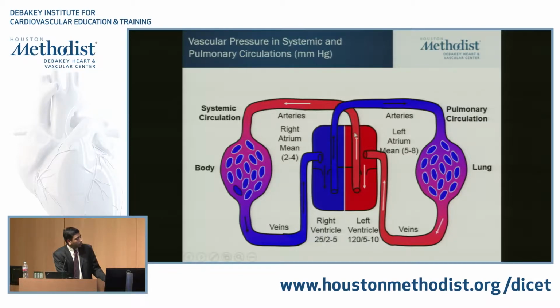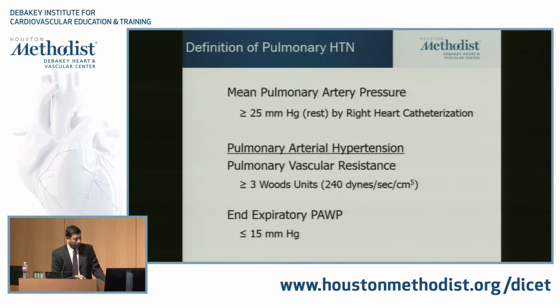Now, what we'll talk more about in the later slides is something called post-capillary pulmonary hypertension, where the elevation in the left atrial pressure leads to pulmonary hypertension, which is the most common form of pulmonary hypertension.